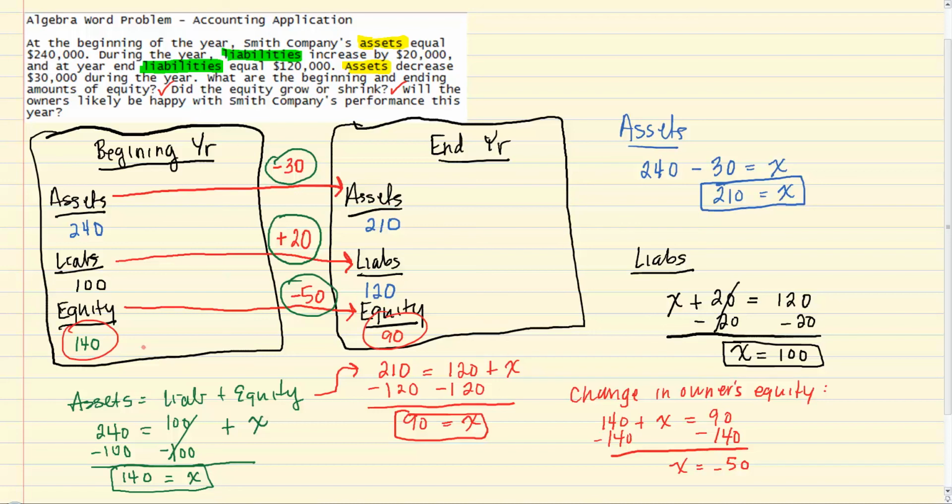The answer is no, because their equity is now valued at 50,000 less than at the beginning of the year. So they started off with 140 and lost 50,000 in equity over the year. So the owners are likely to be unhappy with the performance, and that's our final answer there.